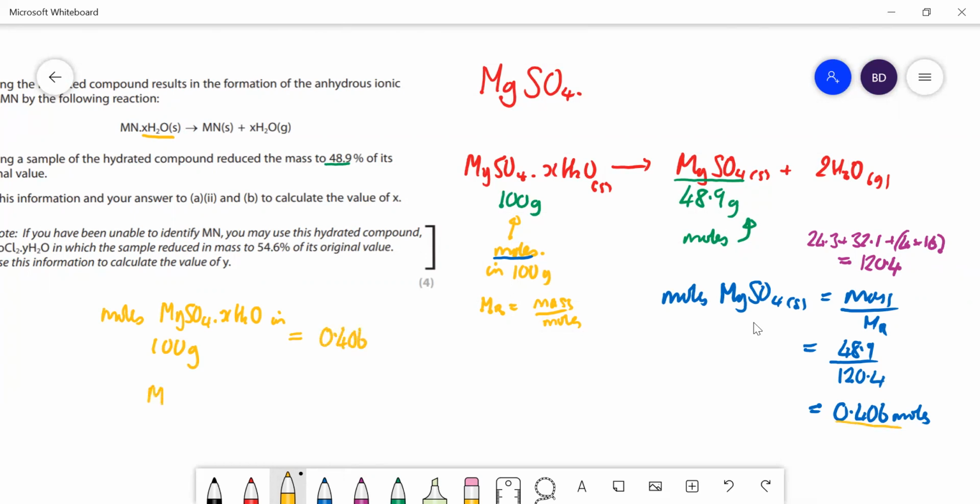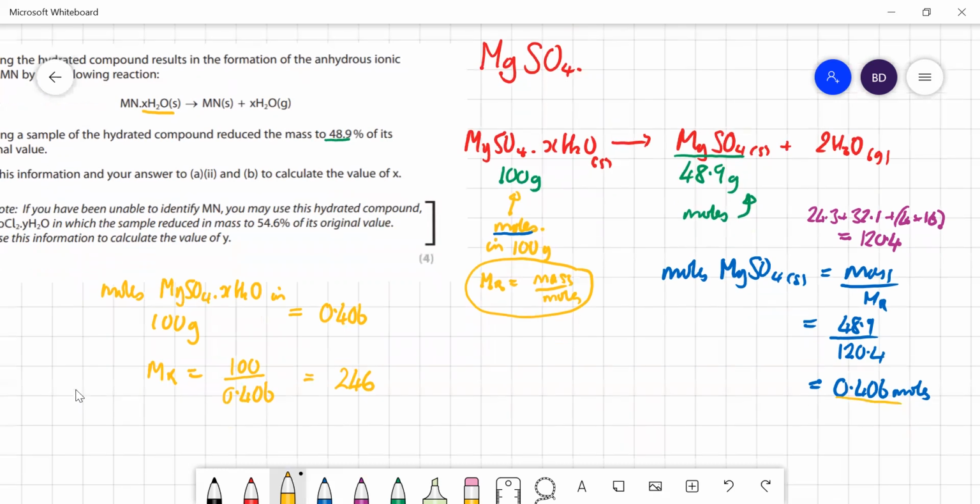So we know the MR, use this equation, is mass over the moles. The mass was 100 grams and the number of moles was 0.406. That gives us a value of 246. Okay, now how do we find out X from that?